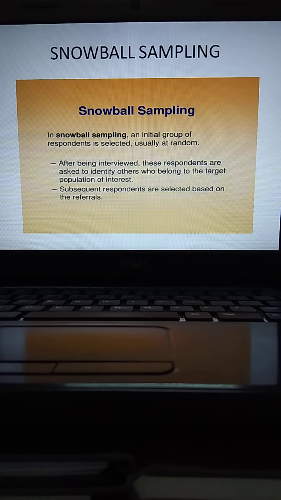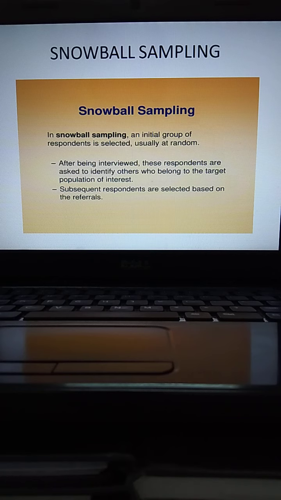Here units, let us suppose, are students, or units which are capable of picking other items into the sample. They will be asked to pick other units into the sample if they satisfy the prefixed conditions or criteria. Such a kind of sampling method is known as the snowball sampling method.